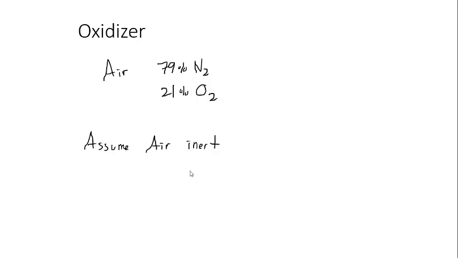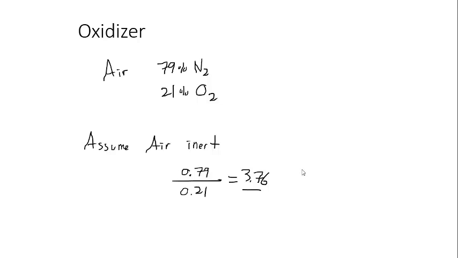And here's how the math works out. So we end up with the fact that there's 3.76 times more nitrogen in the air than oxygen. 79% nitrogen, 21% oxygen equates to 3.76 times more nitrogen than oxygen.